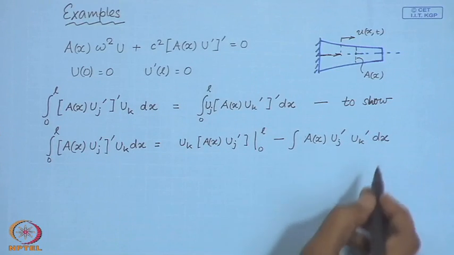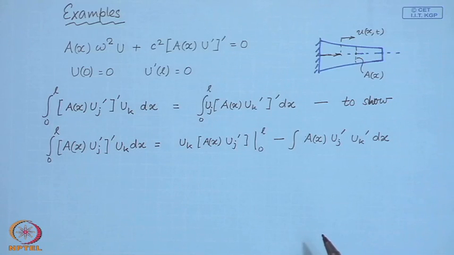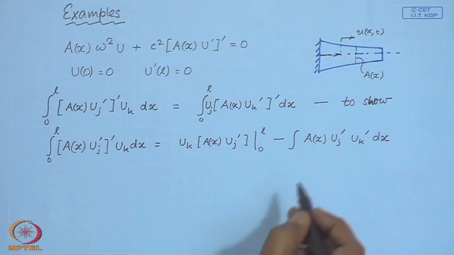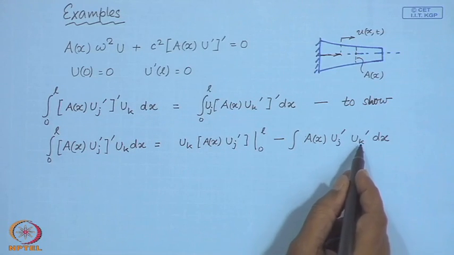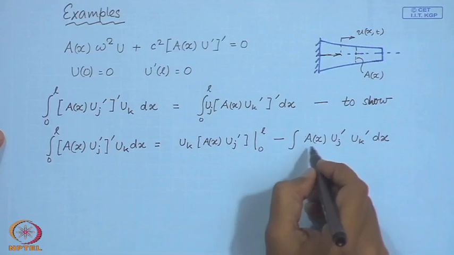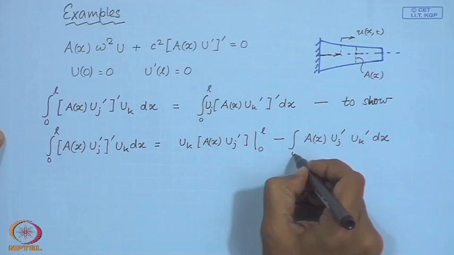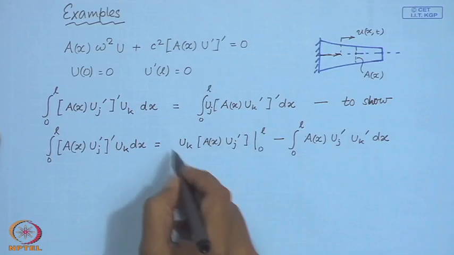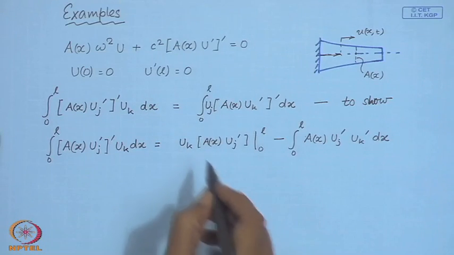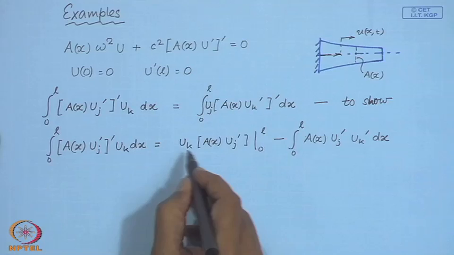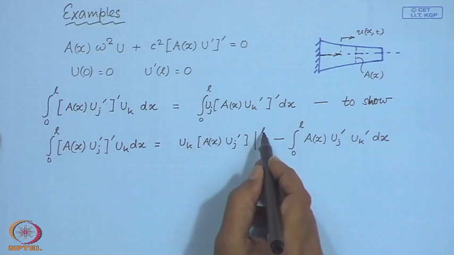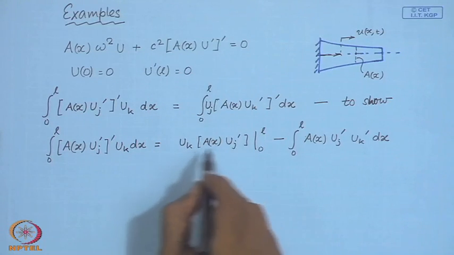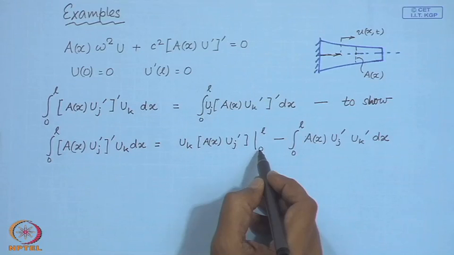This is what we obtain. And here I will integrate by parts this term once again, and here I will use the boundary conditions. The boundary terms will be evaluated at L and at 0.